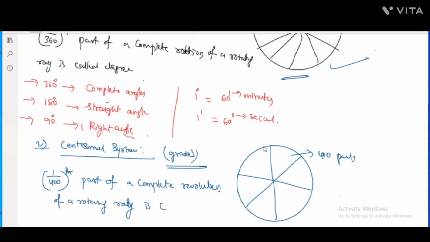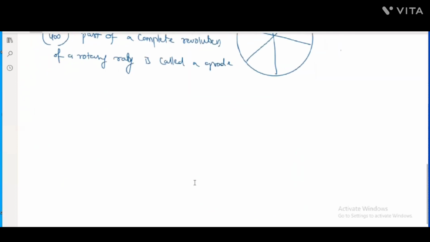is called a grade. So how do we denote the grade? With a small g above the number, like 10 grades, 30 grades.